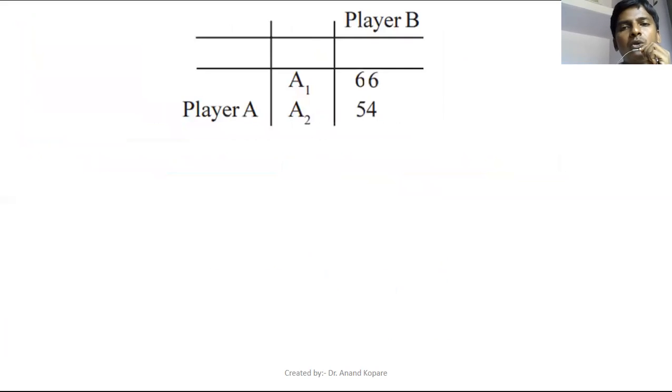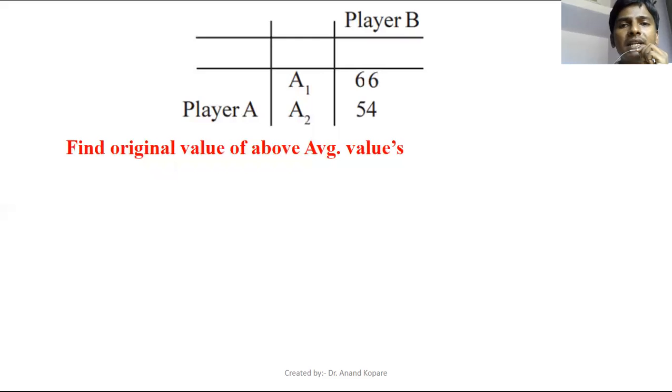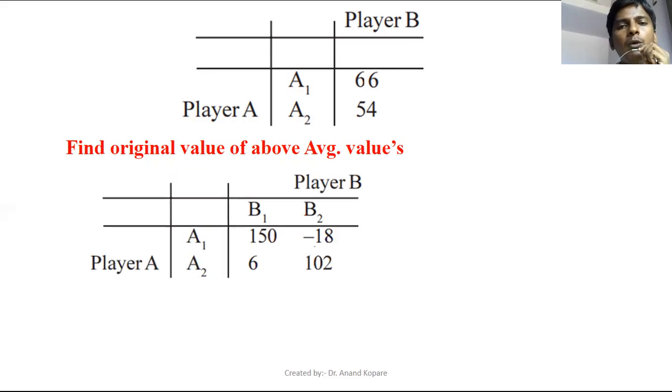After removing column number 2, that is B3, we will get the values like this, that is 66 and 54. So these are the average values. From these average values, we need to find the original values. So the original values of these average values are 150, minus 18, 6 and 102.